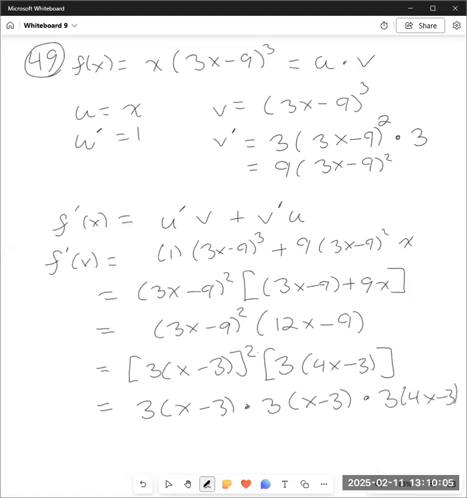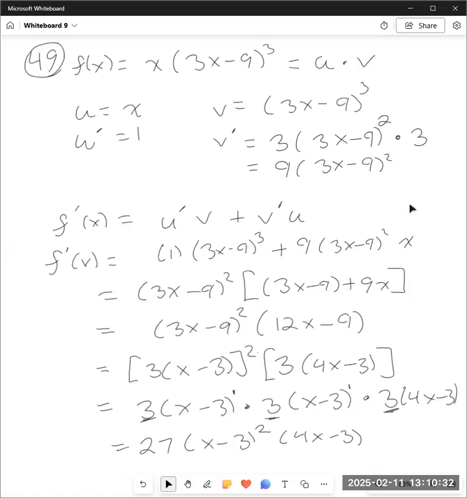Like so. 3 times 3 times 3 is going to be 27. And then I have (x minus 3) to the first, and another one is 2 times, and then I have a (4x minus 3) at the end, and that's the answer that's in the book.